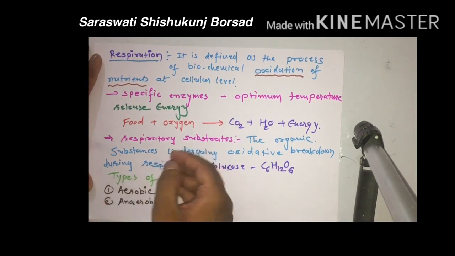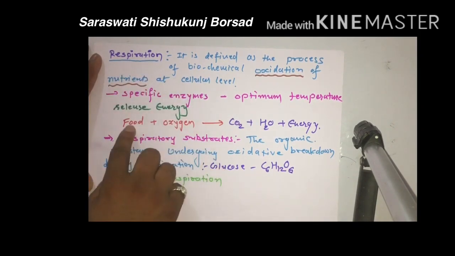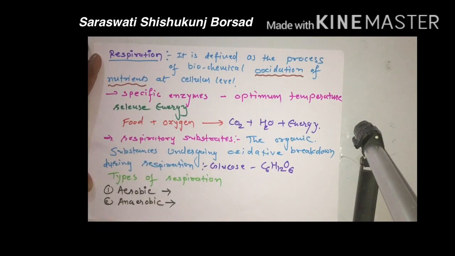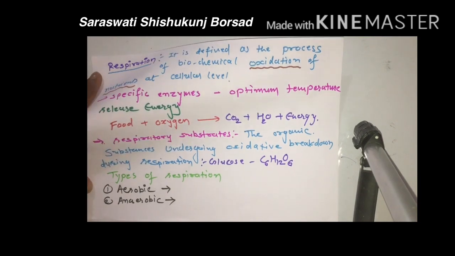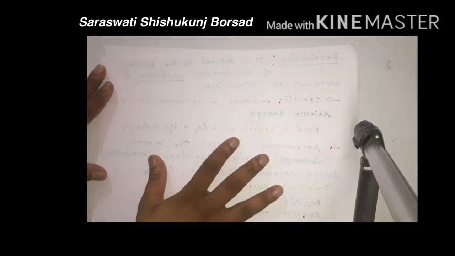The substance which is oxidized, here the food, generally contains glucose, so glucose is an example of a respiratory substrate. During respiration, some types require oxygen, which is aerobic respiration, and some do not require oxygen for the breakdown, which is anaerobic respiration. Now let's check aerobic and anaerobic respiration in detail.